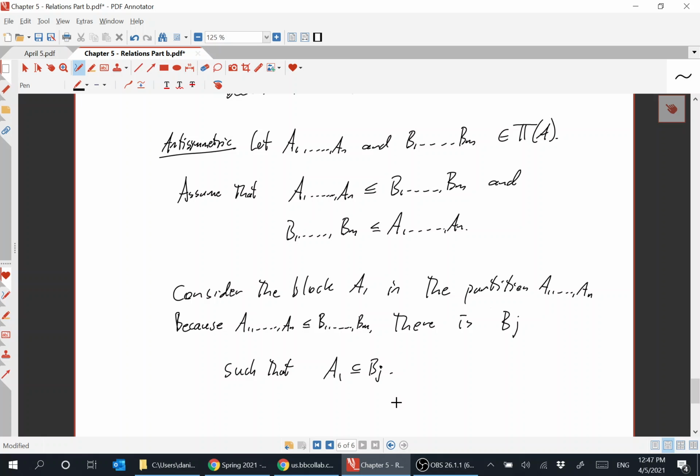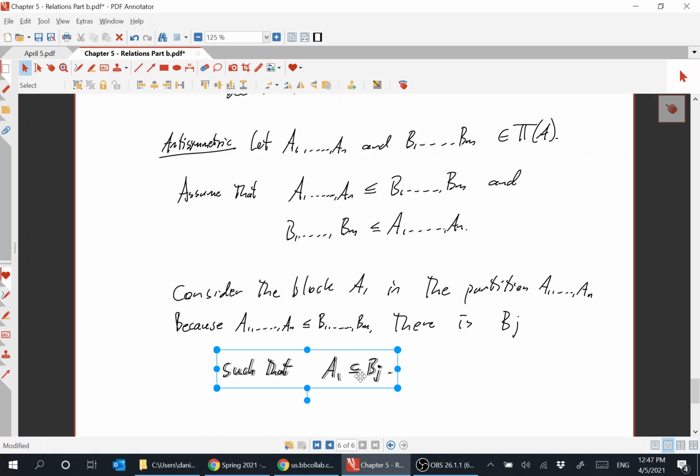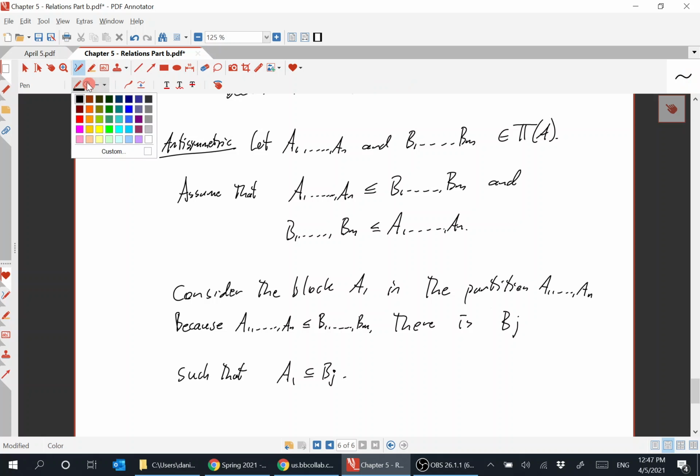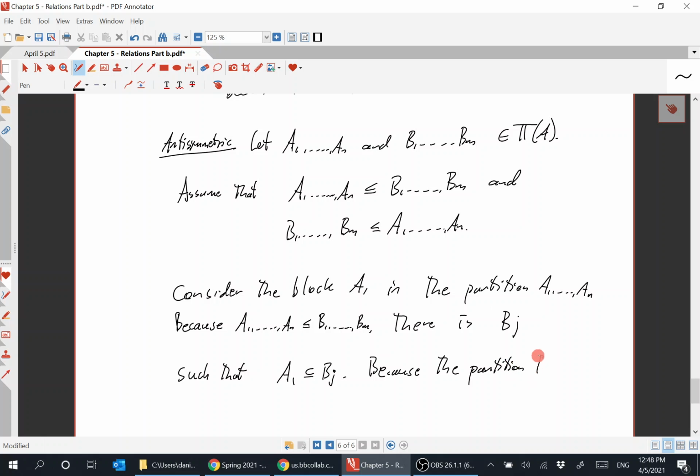Now, because the partition B1 to BM is less than or equal to A1 to AN, right?